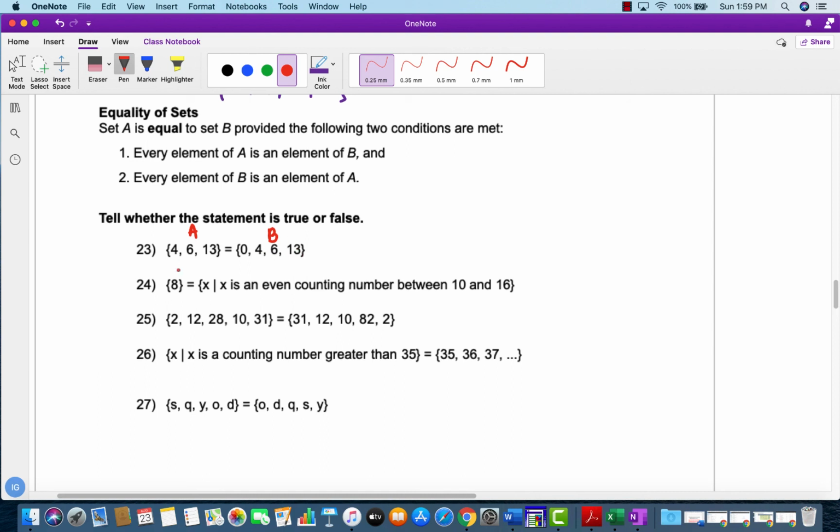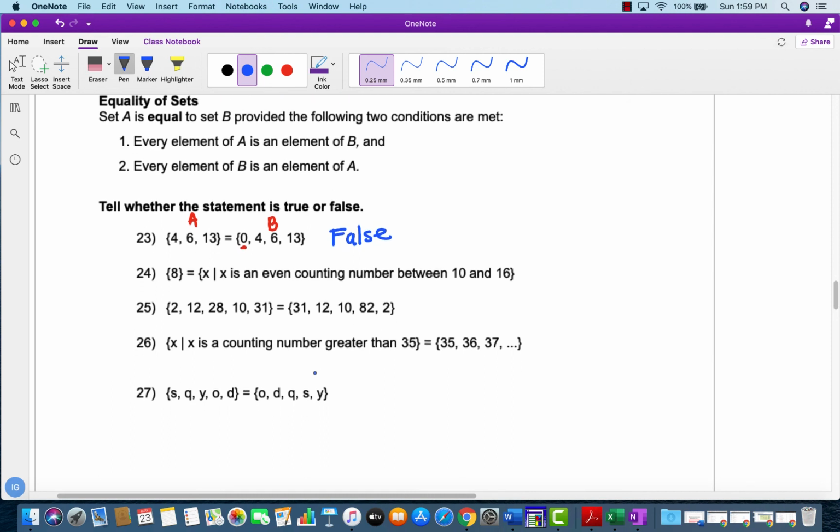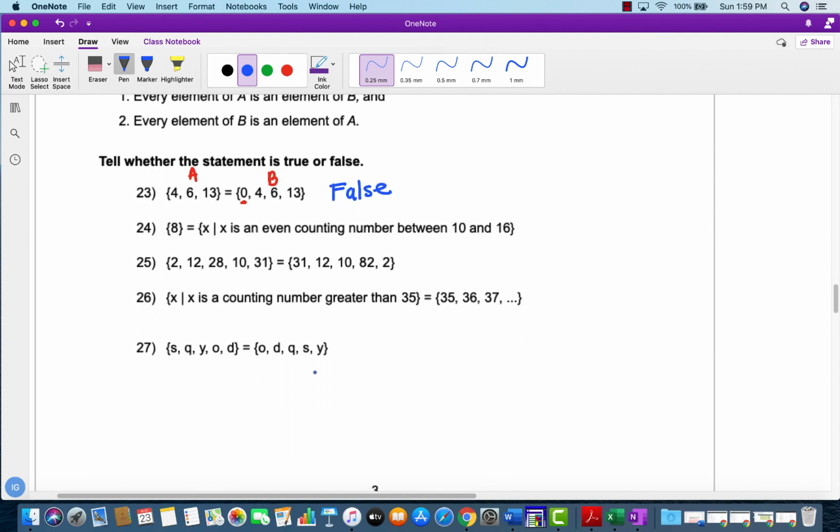But then it has to be the other way around as well: everything in B has to be in A. I see 0 here, and I don't see it in A. So in this case, those 2 are not equal. So this is false. Try the next 4 problems and check your answers with me.